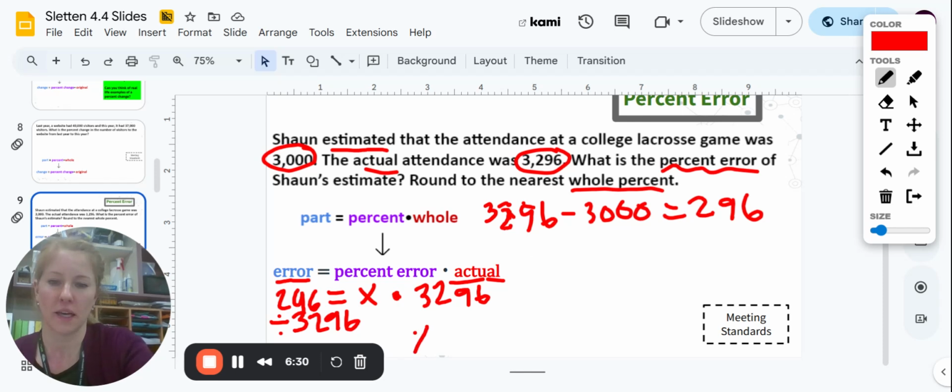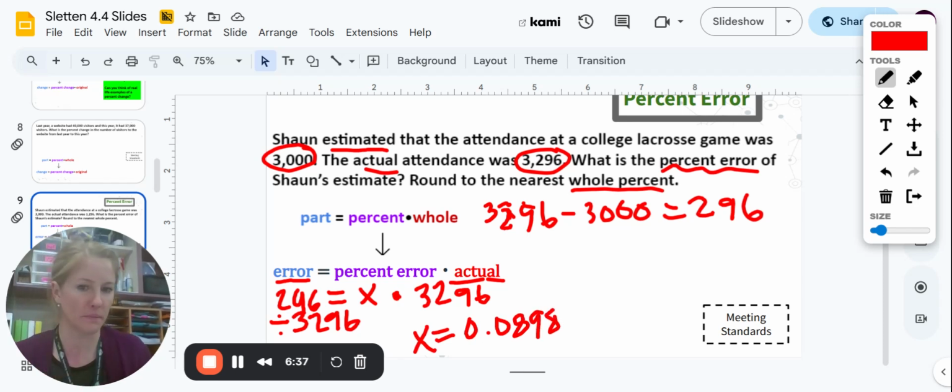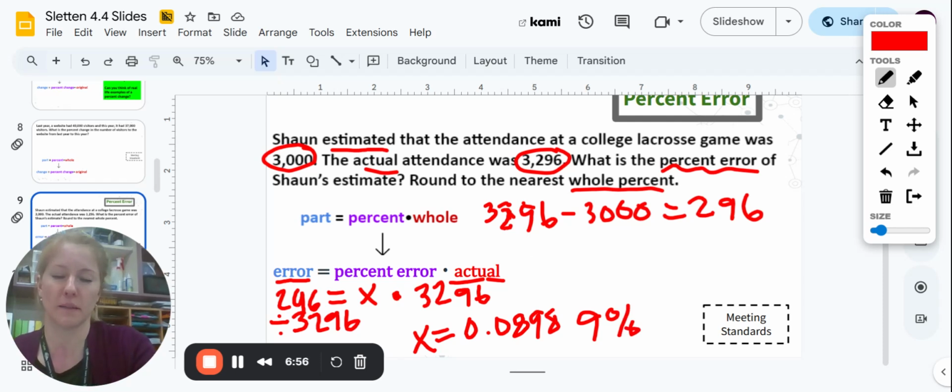And we get x equals 0.0898, and it kind of keeps going. That's the decimal. We need to multiply it by 100. And if we multiply it by 100, you'll see it's 8.98 and so on, which rounds to 9%. So he was off by 9% when he made his estimate for the game.